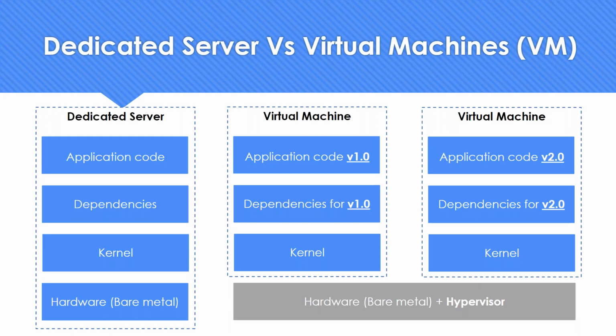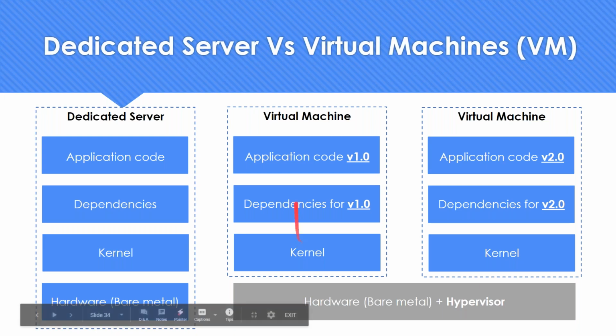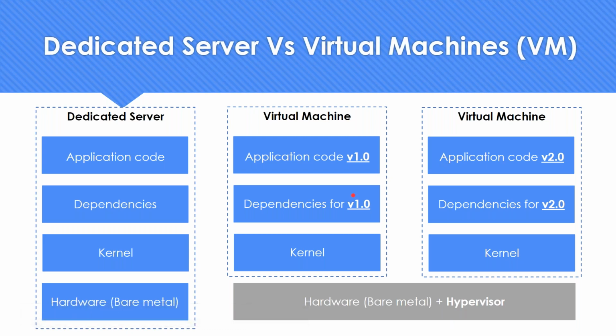But one of the big problems with virtualization, at least in this context of application code testing, is this: my application 1 is different, my application 2 is different, the dependencies for version 1 of my application are different, and for the second version they are different. But what is common is the OS, the kernel.